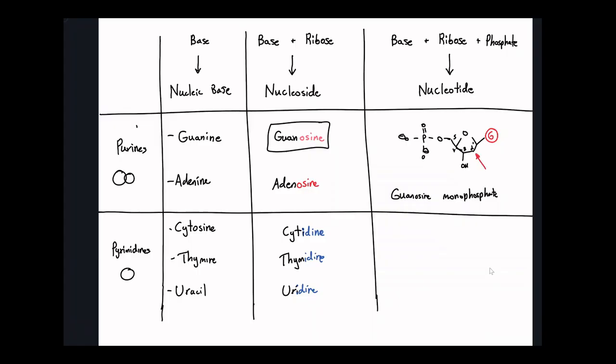We need to be very specific and say there's no 2' OH here. So this is actually deoxyguanosine monophosphate. For thymine and uracil, as you'll see in a practice question to come, you won't need to worry about this. But for guanosine, deoxy tells you there's no OH there, deoxy for DNA. So this is the name of the nucleotide.